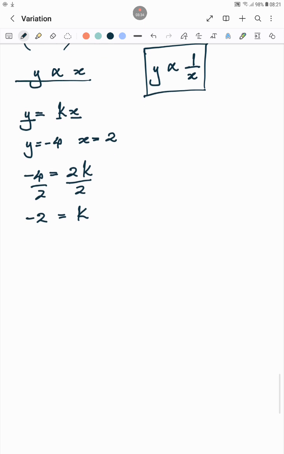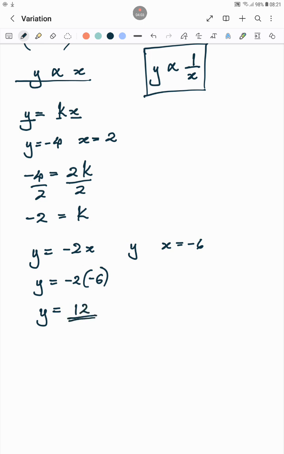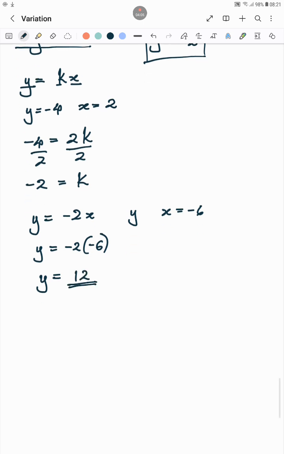So now your equation will look like this: y is equal to -2x, and the question says find y when x is equal to -6. So now you come to the equation, you substitute x with -6, and you get y being equal to 12. So you'll be done with this question.